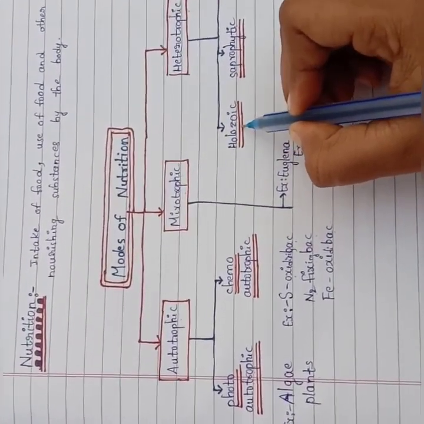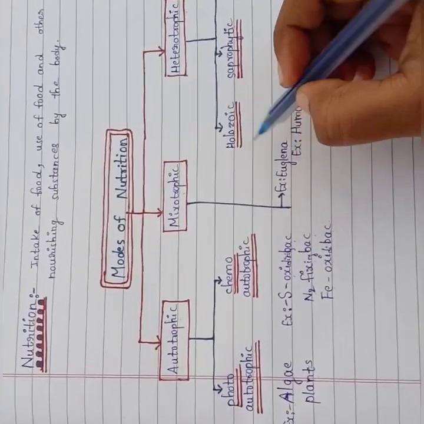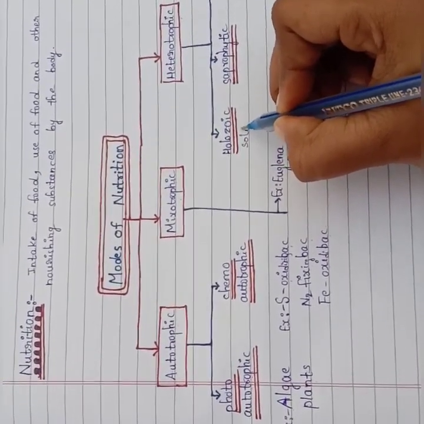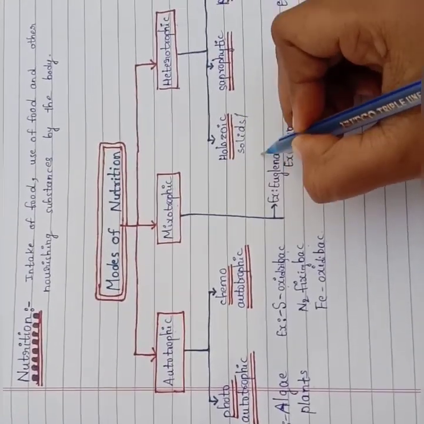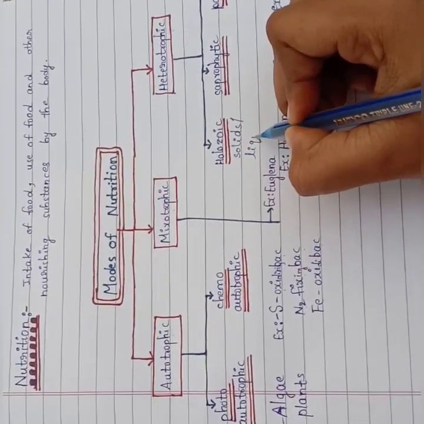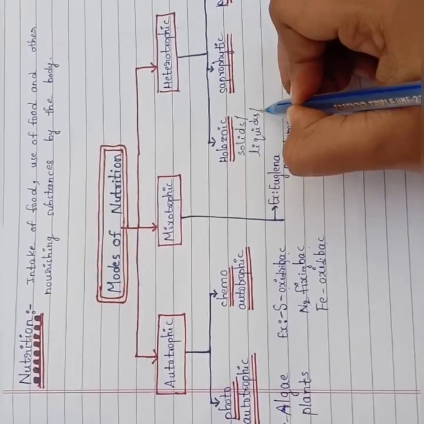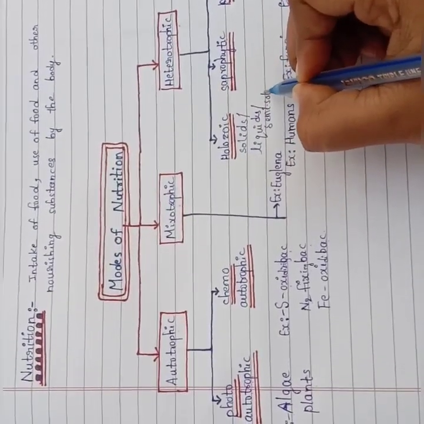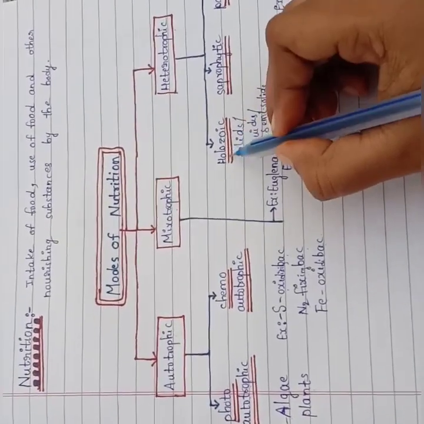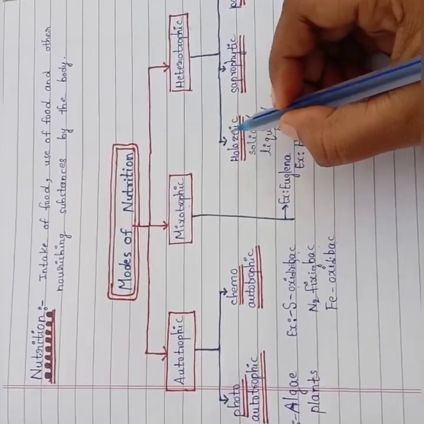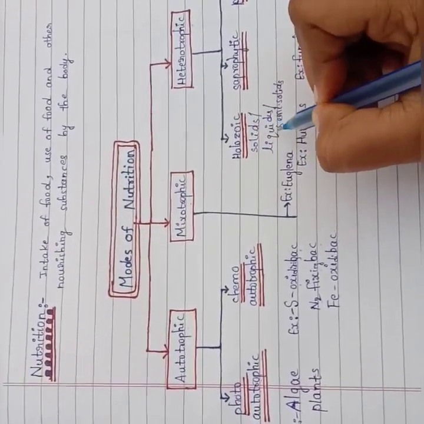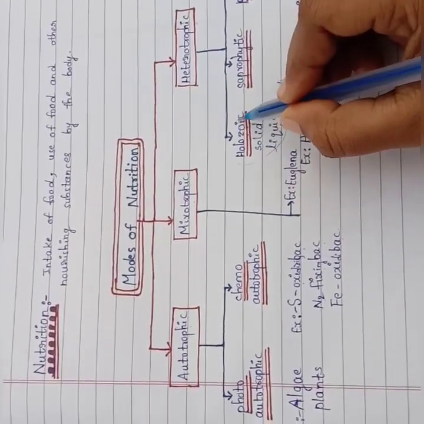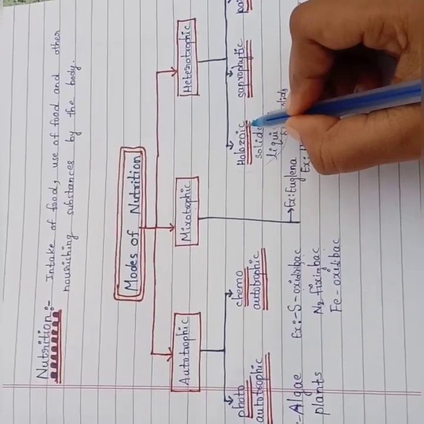In the case of holozoic nutrition, the intake of food is in the form of solids, liquids, or semi-solids. If the food which we are taking into our body is in the form of solids, liquids, or semi-solids, then we consider that mode of nutrition as holozoic nutrition.